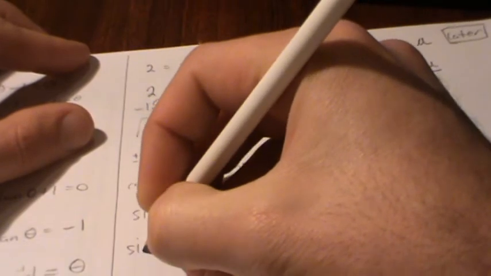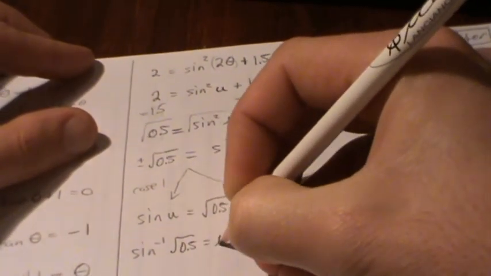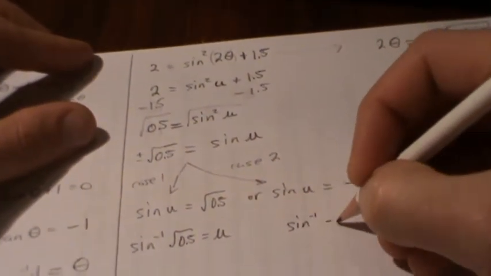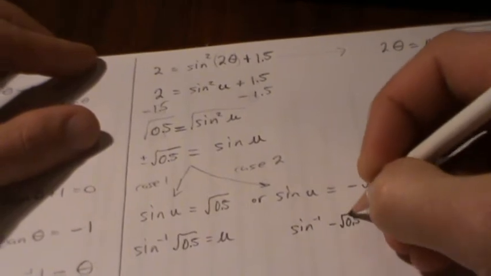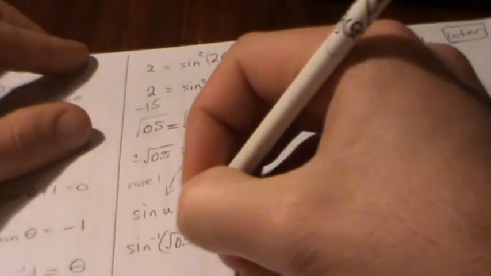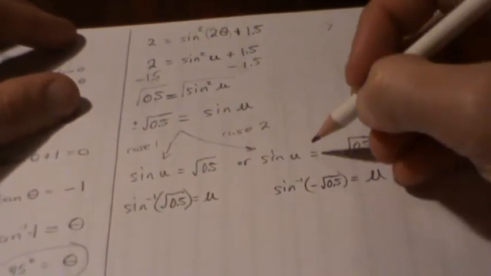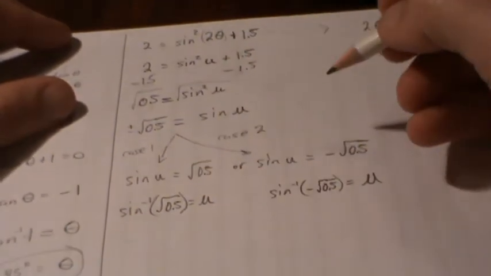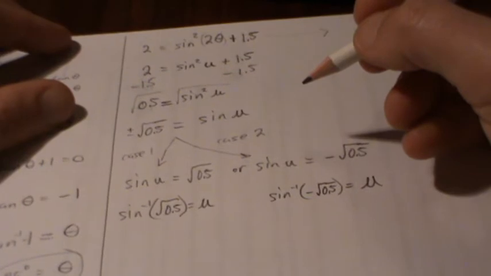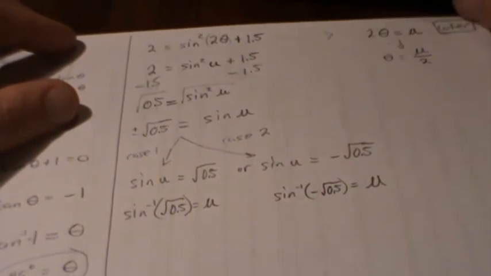And then we have the sine inverse of the square root of 0.5 is equal to u, or the sine inverse of a negative square root of 0.5 is equal to u. Remember, I just take the sine inverse of each of these. Then in my calculator, I figure out what that is.